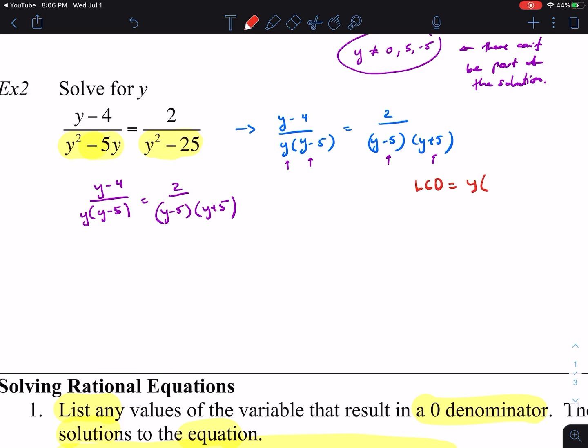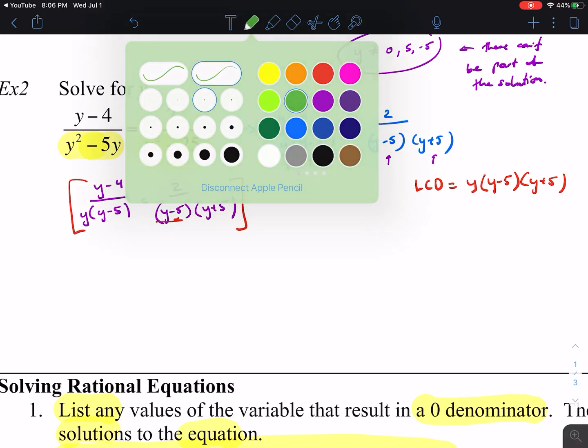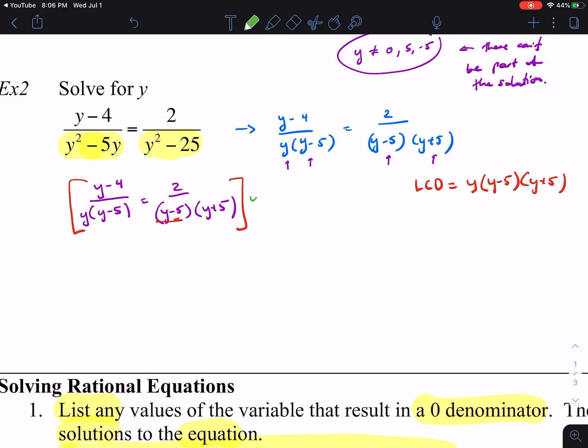The first denominator has a y and y minus 5. The second denominator already has y minus 5, so we don't have to write it twice, but we're missing a y plus 5. So that's going to be the LCD: y times y minus 5, and then y plus 5, right?